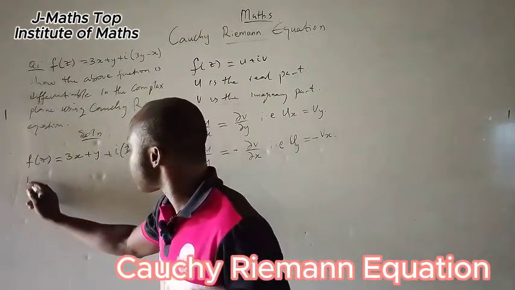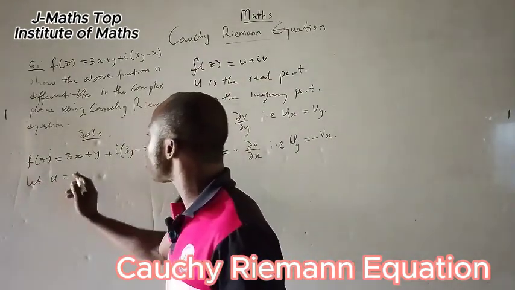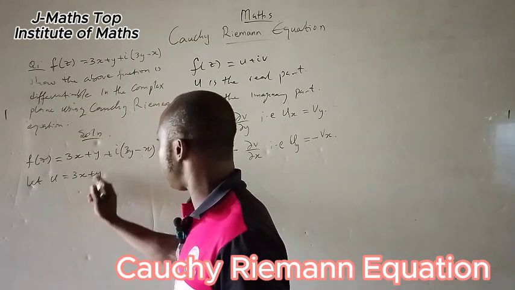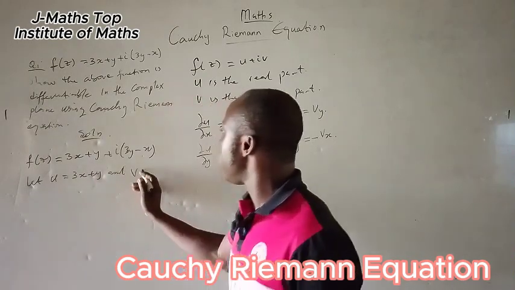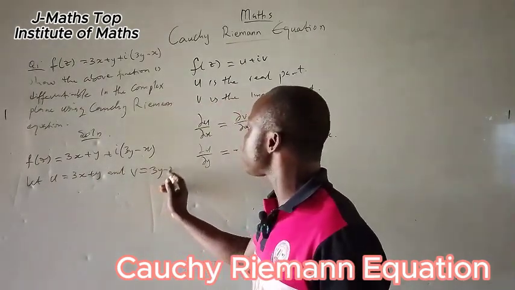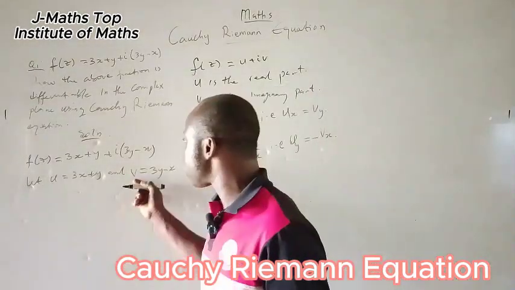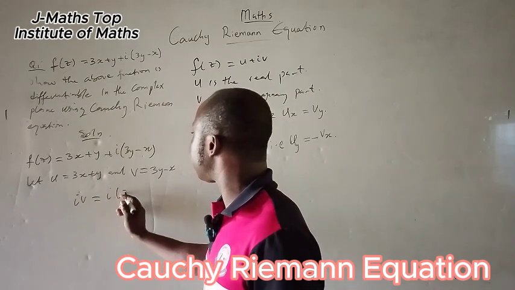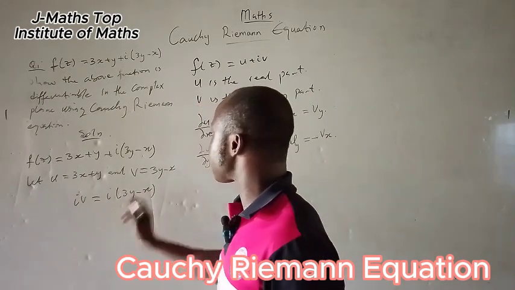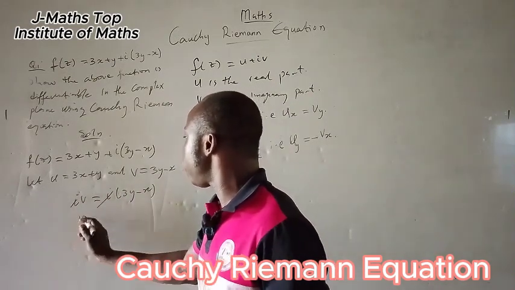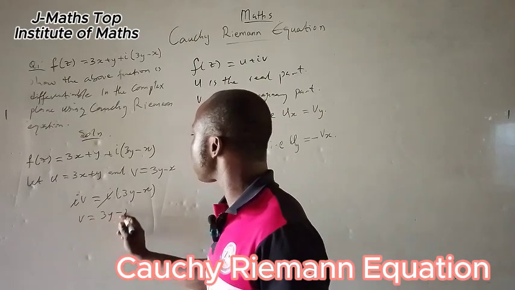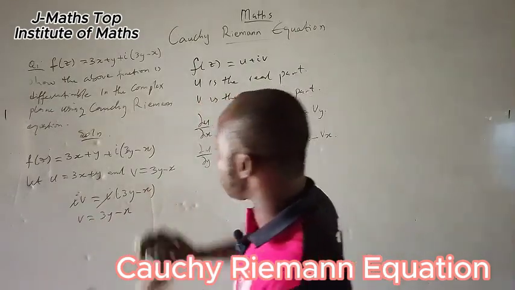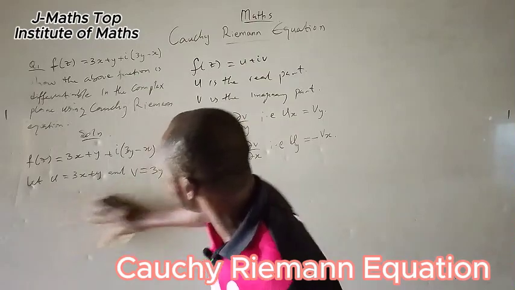Let u be equal to 3x plus y and v be equal to 3y minus x. Don't forget this: I have iv is equal to i bracket 3y minus x, so we cancel the i, and v is equal to 3y minus x. That's how I got that.